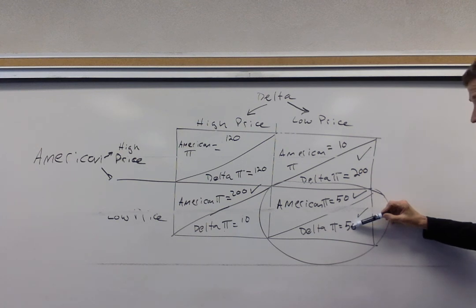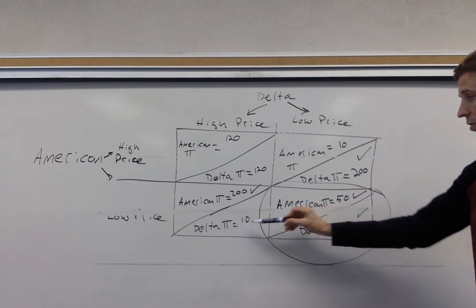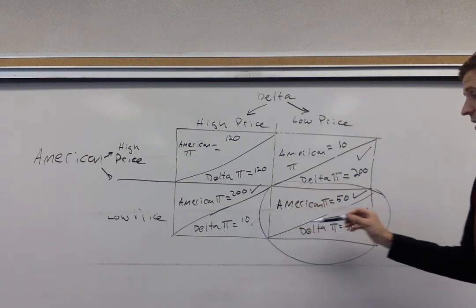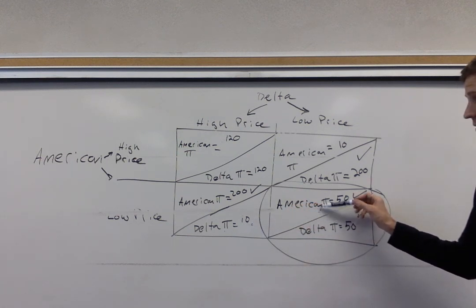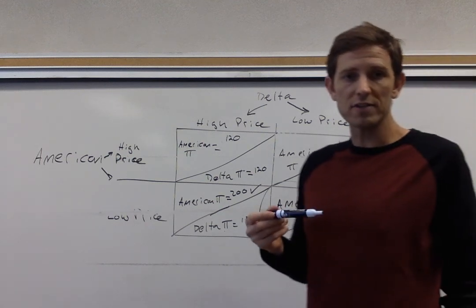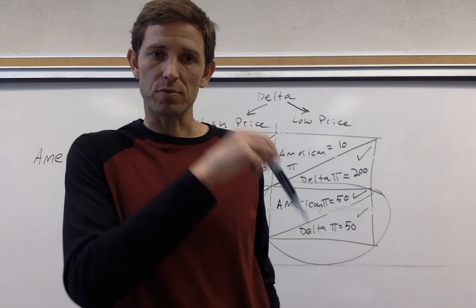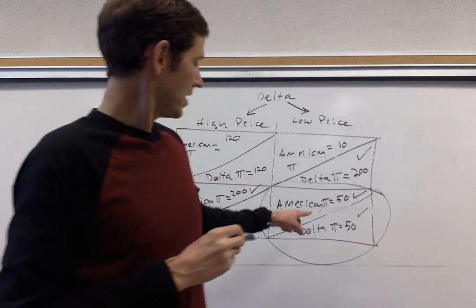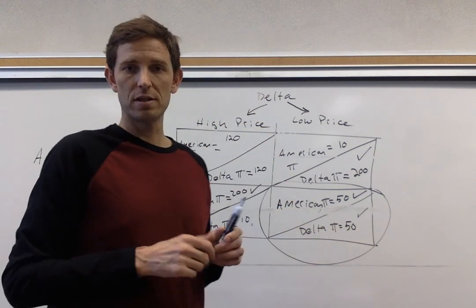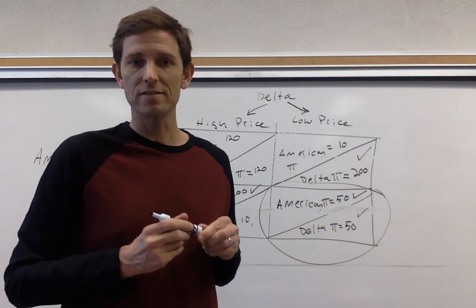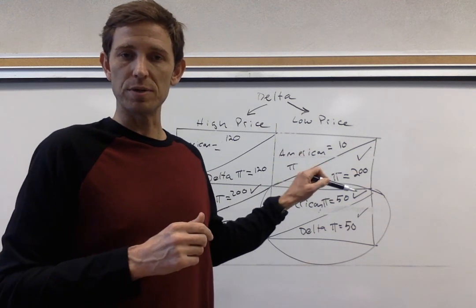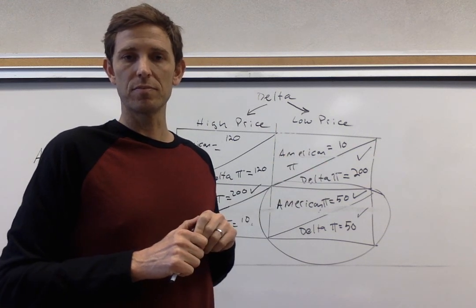If they switch, then the new outcome will be represented by this one over here. Their profit will go down to 10. So if you're at this cell where both firms are charging that low price, neither one of them is going to want to move away because moving away will cause their profits to fall. And that's what makes this bottom right quadrant of both firms charging a low price our one and only Nash equilibrium for this particular problem. Voila.